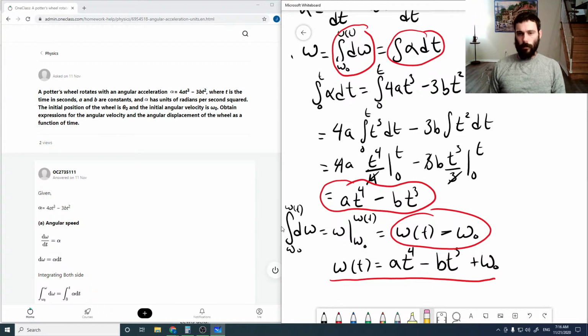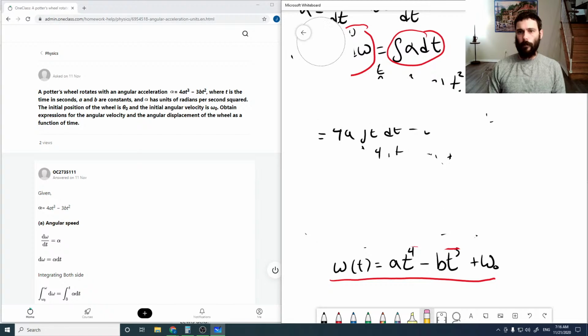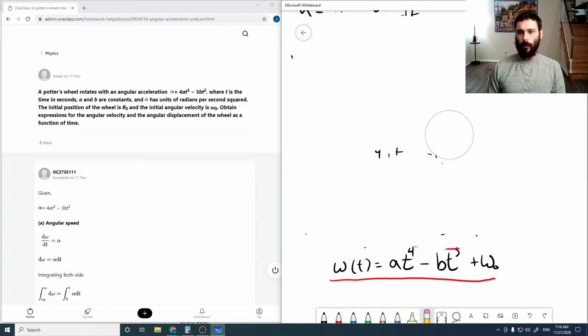And now I'm just going to erase everything. Actually, I'm going to erase most of it. I'm going to leave my omega expression. Should have been maybe a little bit more careful. Okay, so leaving my omega expression there.